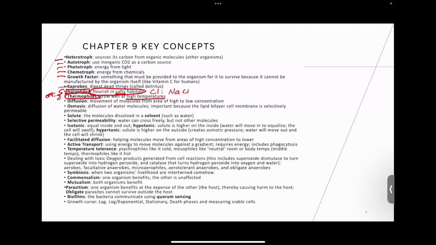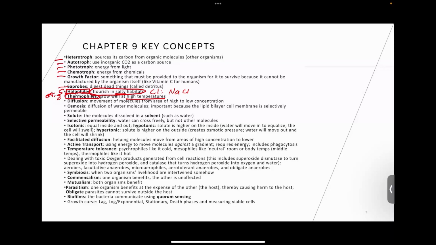Then we talked about diffusion and osmosis, and I feel like that was a big part of chapter 9. So we'll go over that really quick. Diffusion is anytime any molecule is going from a high concentration to a low concentration. So you have a pile of bouncy balls and they're in a net and you open up the net and they go everywhere. That's just diffusion, right?